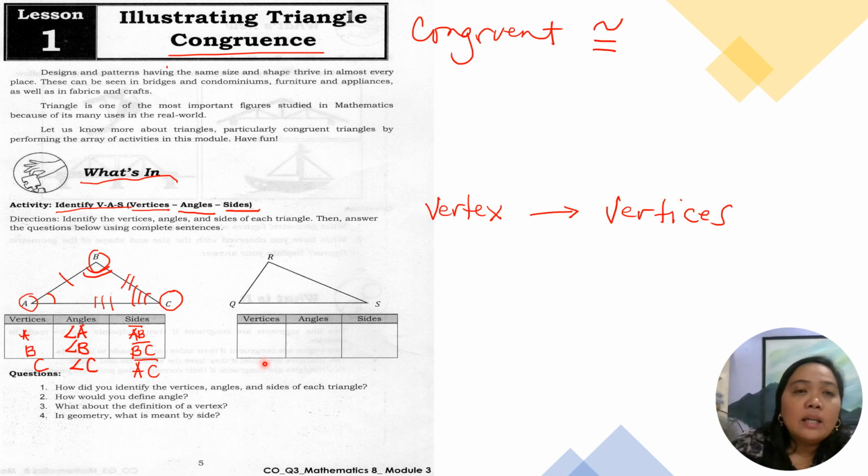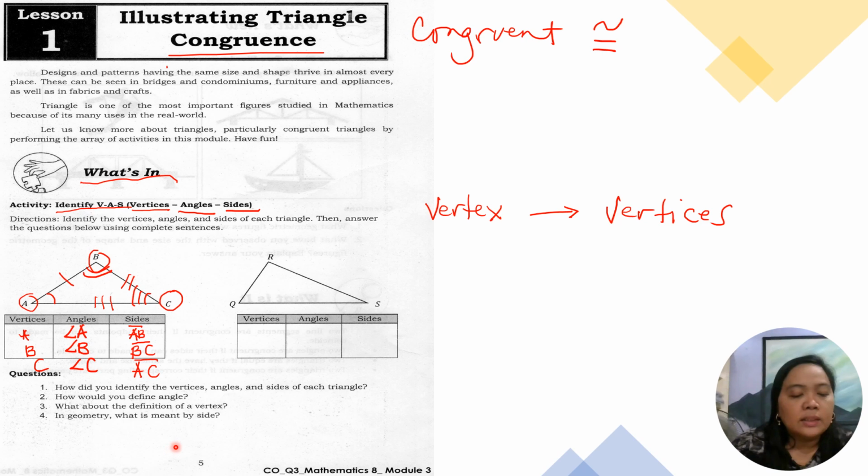Do not write anything in your SLM. You can write your answers in the answer sheet provided to you. After you have identified the vertices, the angles, and the sides, I want you to answer the questions that follow. There are 4 questions.